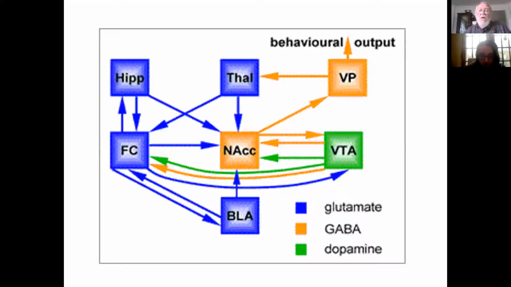Okay, so here we're looking at the nucleus accumbens, and we're looking at three major neurochemical outputs. I should point out that that minimizes a fourth major neurochemical input or output, acetylcholine. Why?